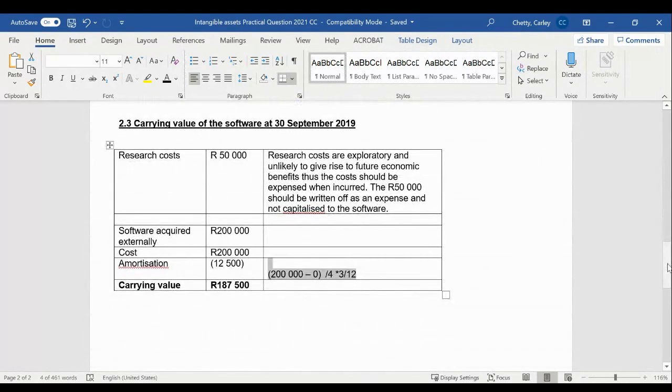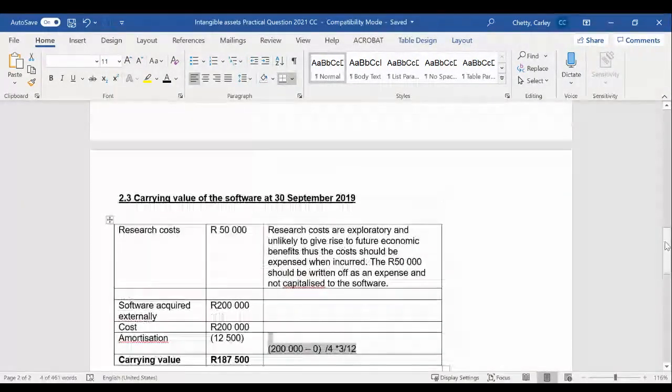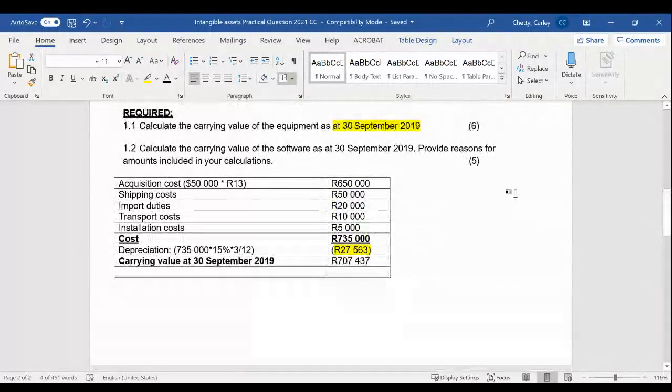So out of the depreciation we have calculated for the year, we need to multiply that by 3 months and divide it by 12 months because the intangible asset was only in use for 3 months. So you are correct. The amortization is going to be 12,500.